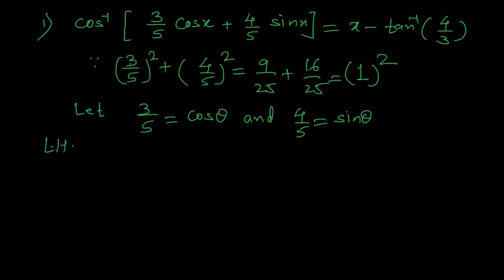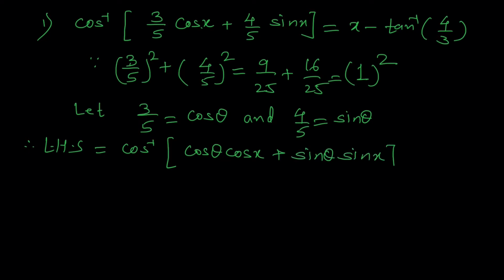Therefore LHS is equal to cos inverse of 3 by 5, which we are writing as cos theta, so cos theta into cos x plus sin theta into sin x. This is equal to cos inverse of, we prefer writing the x term first, so cos x cos theta plus sin x sin theta.